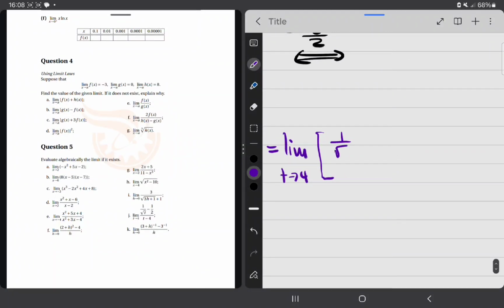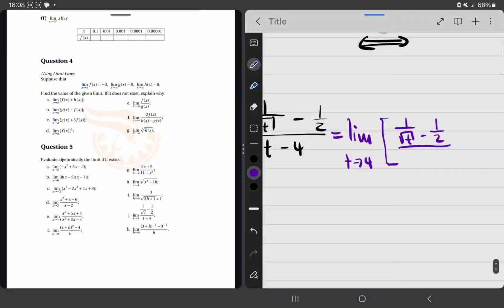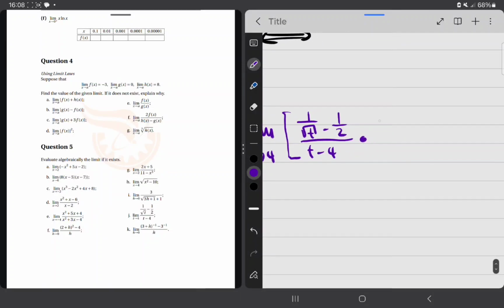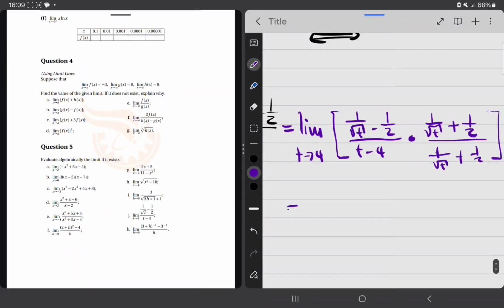So it'll be (1 over root t minus a half) over (t minus 4), multiplying (1 over root t plus a half) over (1 over root t plus a half). We multiply.